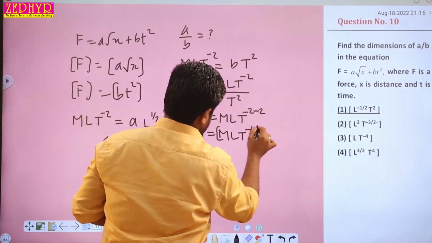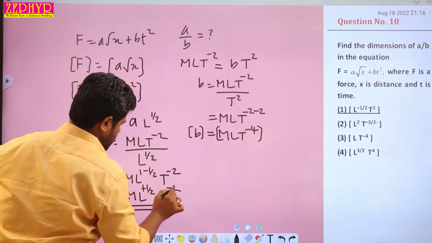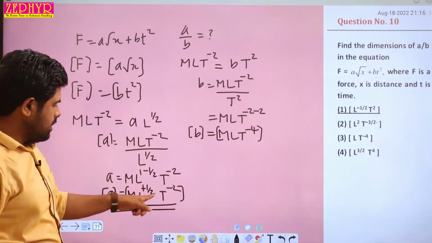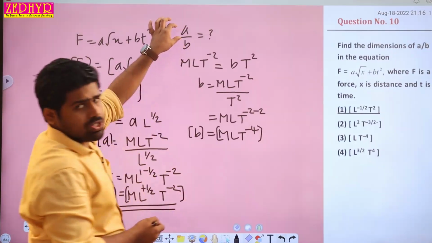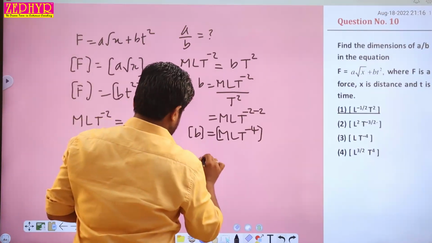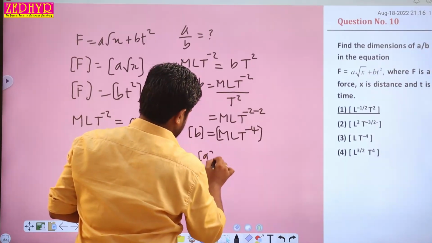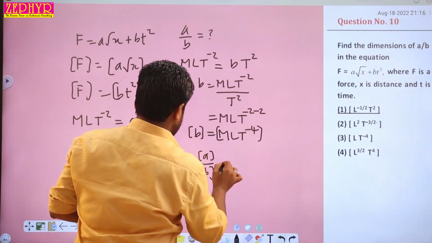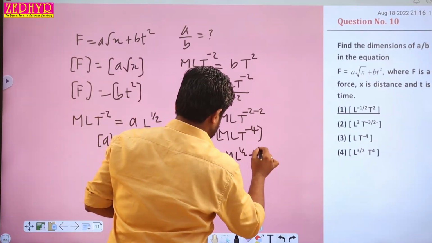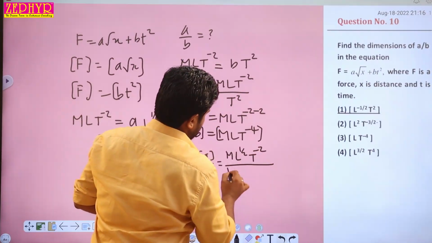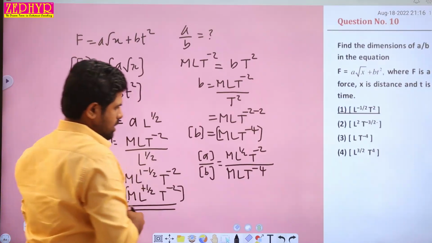Now we know the dimension of B, and we know the dimension of A is M L raised to 1 by 2 T raised to minus 2. So our question, what is the dimension of A divided by B? The dimension of A divided by B is equal to M L raised to 1 by 2 T raised to minus 2 all divided by MLT raised to minus 4.